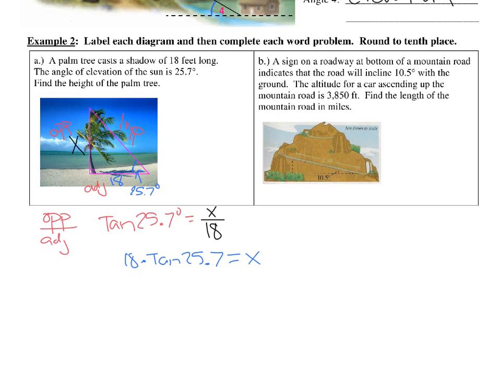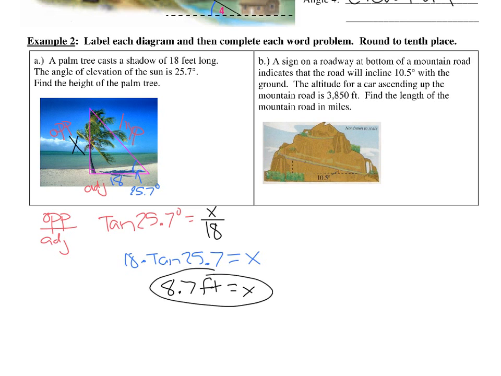So when I multiply tangent of 25.7 degrees times 18, I get an answer of x equals, rounding to the tenths, 8.7 feet would be the height of our palm tree.